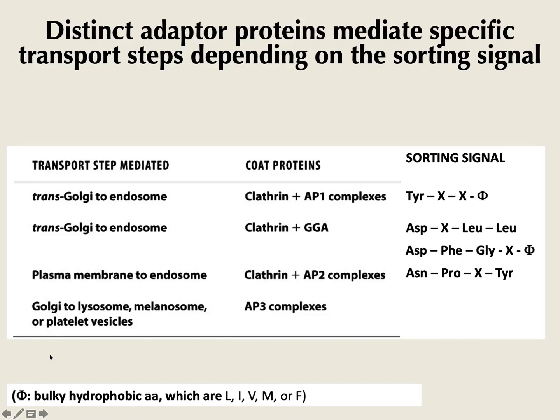But don't worry about this. The point I'm trying to emphasize here is that it's the same clathrin that's responsible for making all of these vesicles, but the AP complex can vary. You have AP1, AP2, or this GGA.